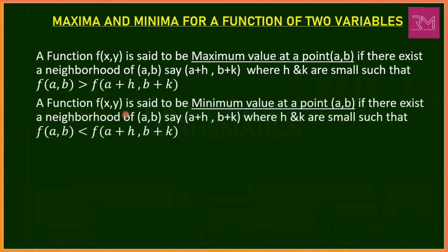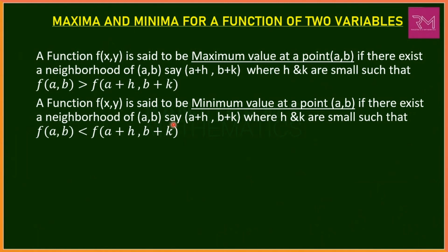Similarly, a function f(x, y) is said to have a minimum value at a point (a, b) if there exists a neighborhood of (a, b), say (a+h, b+k), where h and k are small, such that f(a, b) is less than f(a+h, b+k). In a similar way, to find the minimum value at a point (a, b), we consider a point (a, b) in the function f(x, y).